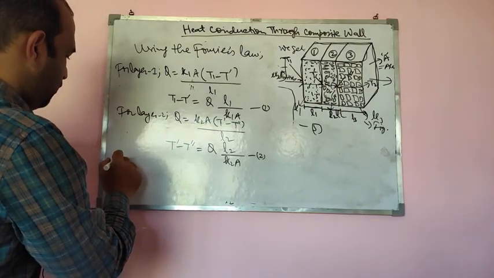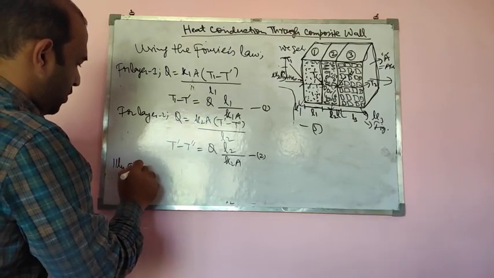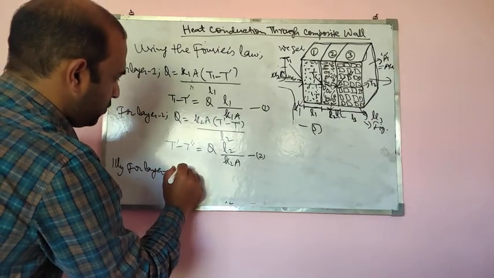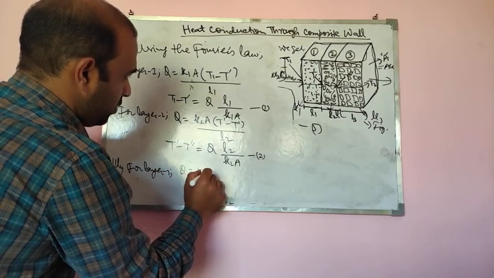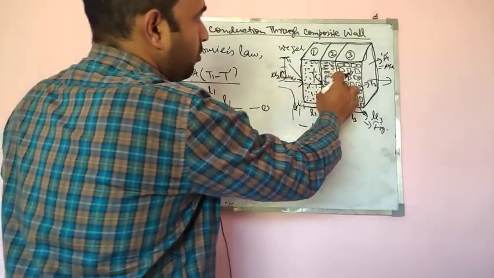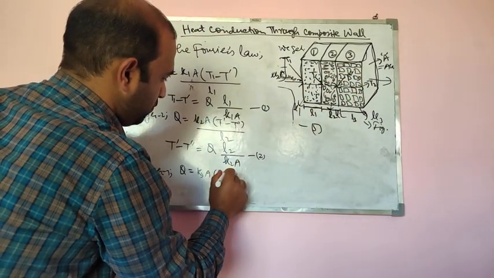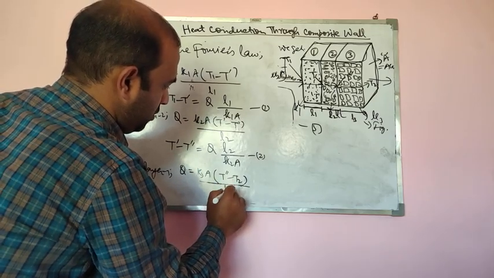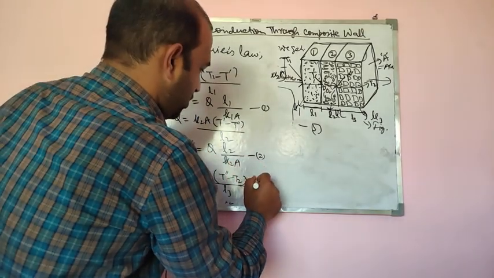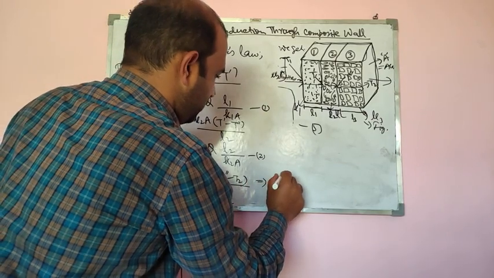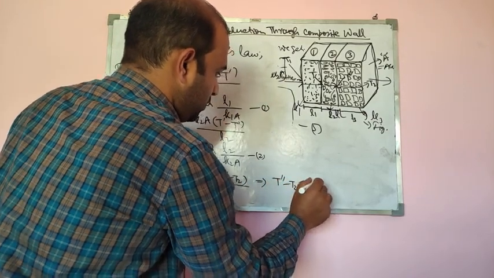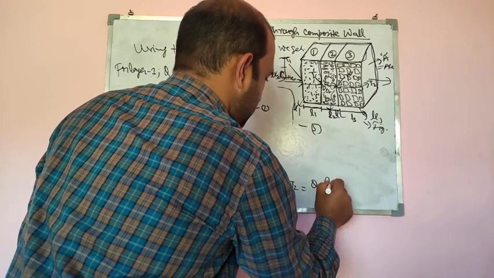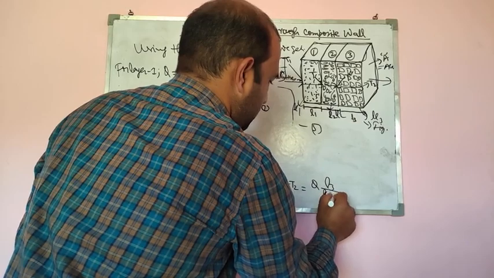And similarly for layer 3, we can write Q is equal to K3 A times T double prime minus T2, divided by L3. Again rearranging this equation, it will be T double prime minus T2 is equal to Q L3 by K3 A.